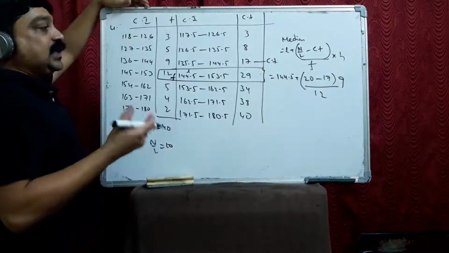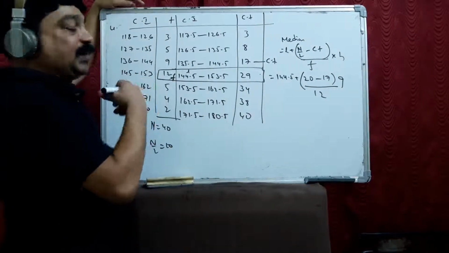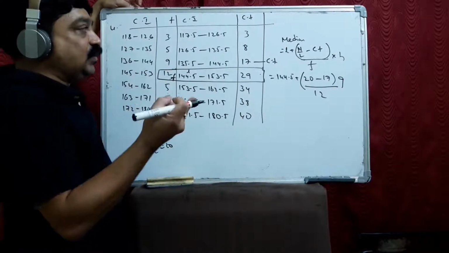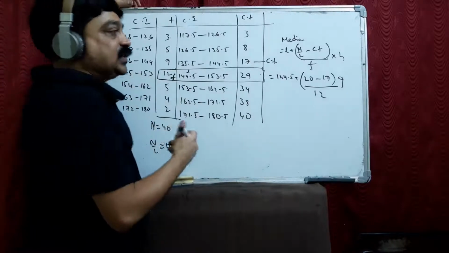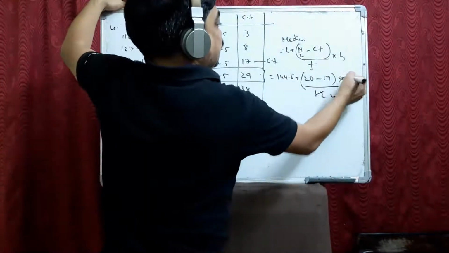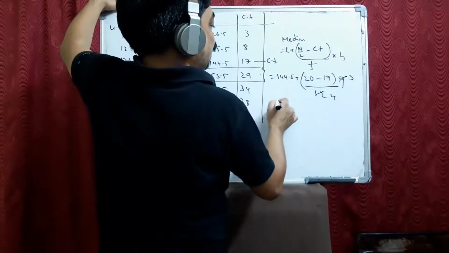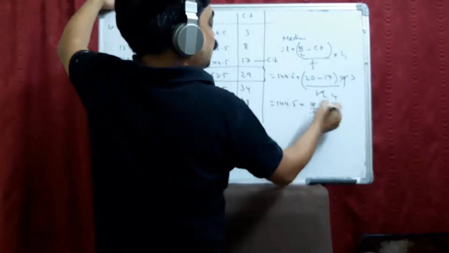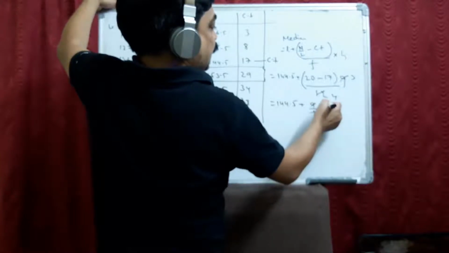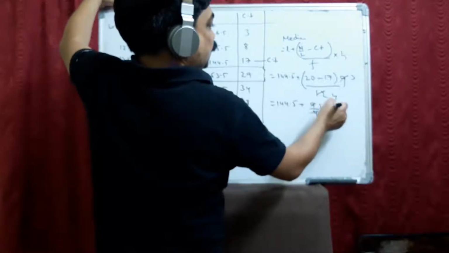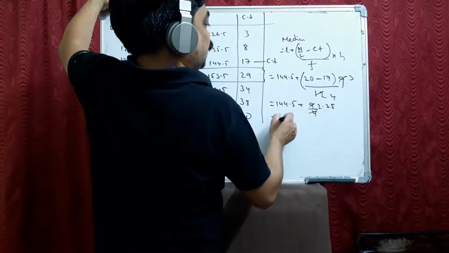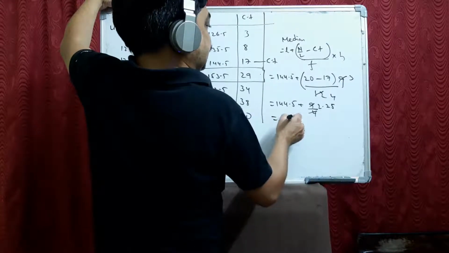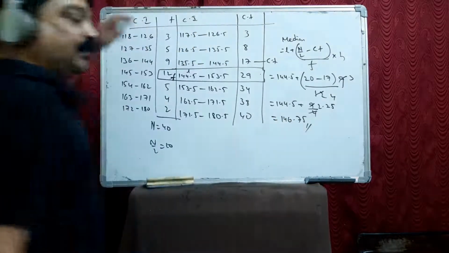This is what changes when you make it a continuous series: the H value changes, and the lower limit also changes. 3 fours, 3 threes, 9 by 4. So 144.5 plus 9 by 4, which is 2.25, becomes 146.75.